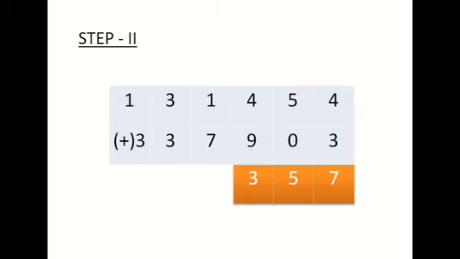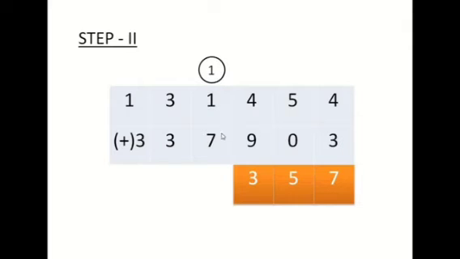So 4 plus 3, how much is it? 7. 5 plus 0, it is 5. 4 plus 9, it is 13. 3 will be here, 1 will be carried over.